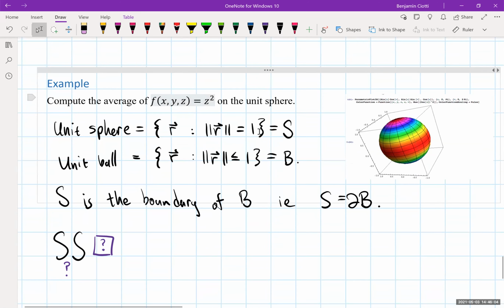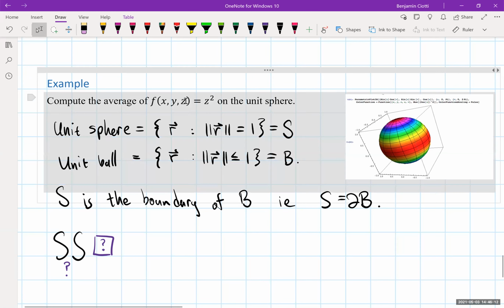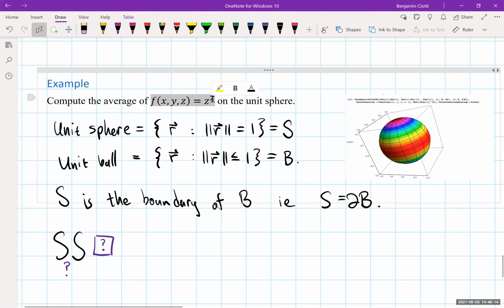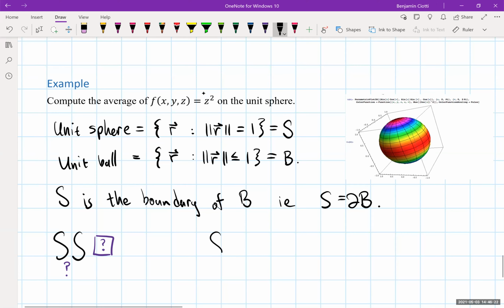But you'll need the surface area, and you'll need to calculate this average. How do you calculate the average of F on S? And for starters, you'll need to just find the integral of F over S.